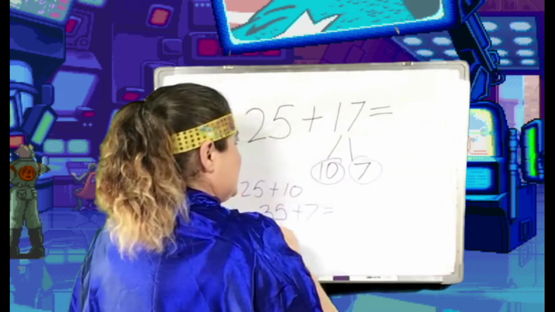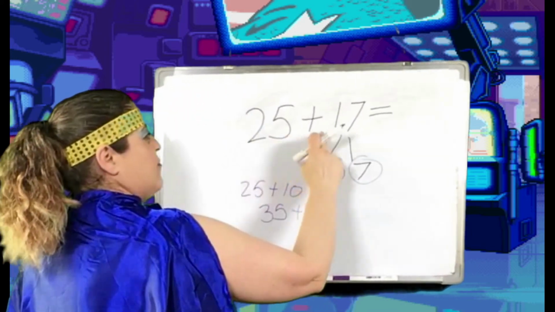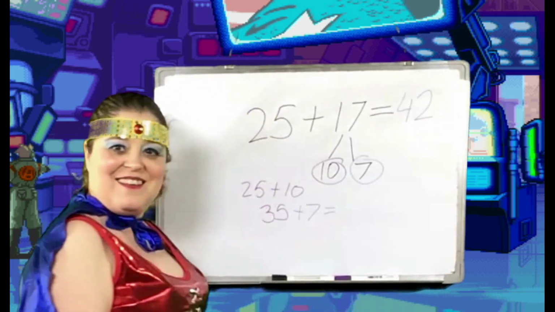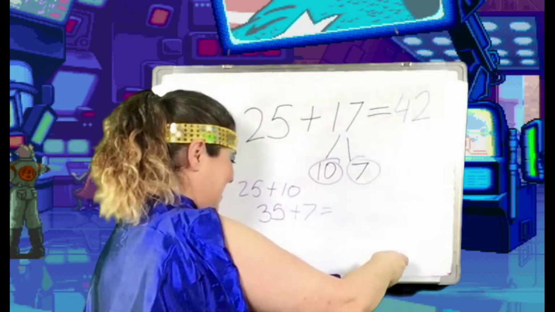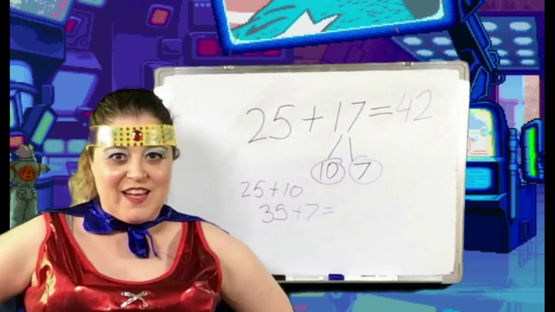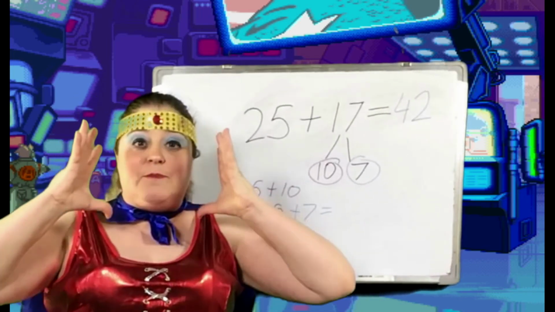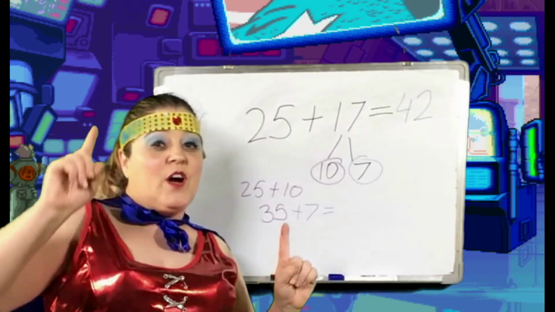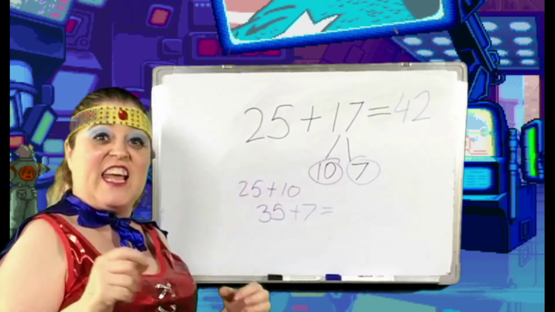There we are. So, the answer to 25 plus 17 is 42. There we are. So, don't worry if you're still a little bit confused by this. Don't forget, we are going to continue this training tomorrow.